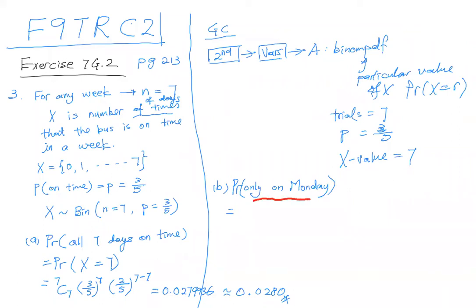Only on Monday. So that means it's like that. Probability. Only one situation. Monday, yes, on time. Then the rest of the other 6 days are not. 1, 2, 3, 4, 5, 6. Not on time. So the answer for this is just one possible outcome.